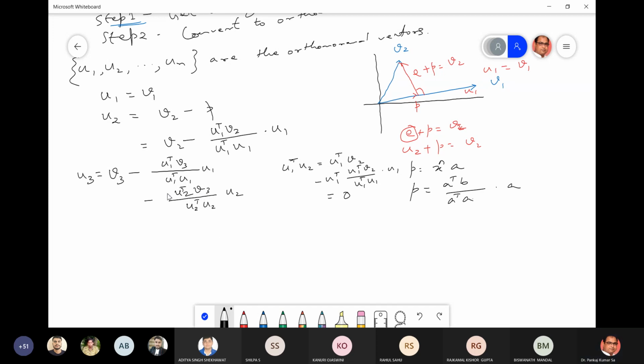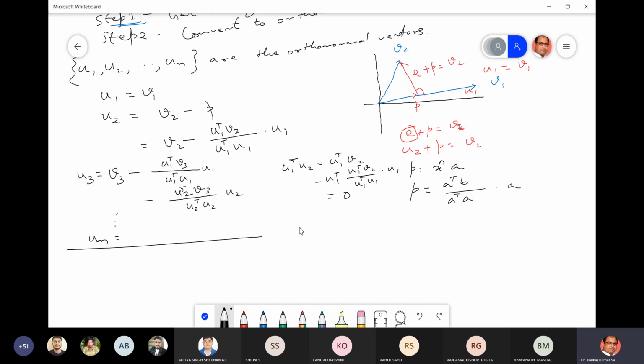So that's it. U1 is equal to V1, U2 is equal to V2 minus U1 transpose V2 upon U1 transpose U1 times U1. U3 is equal to V3 minus something from U1 and something from U2. In that way, if we go on, we can find out what Un is, and this completes your step 1.